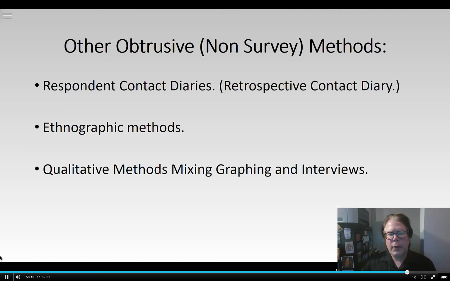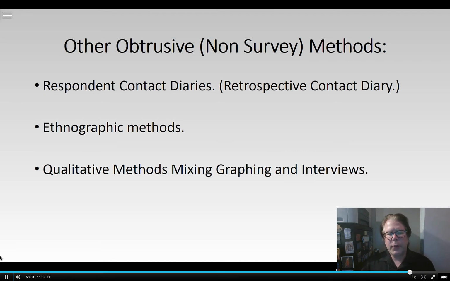Data is often collected in the context of ethnographic methods. So this includes spending an extended period of time in a particular community, doing observation and doing interviews, and then constructing a social network out of those field notes.